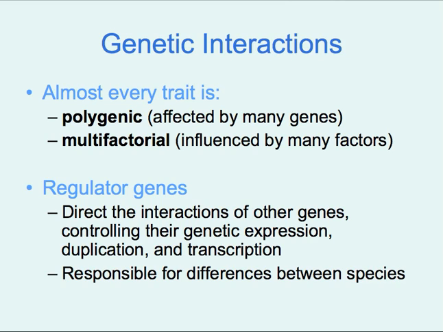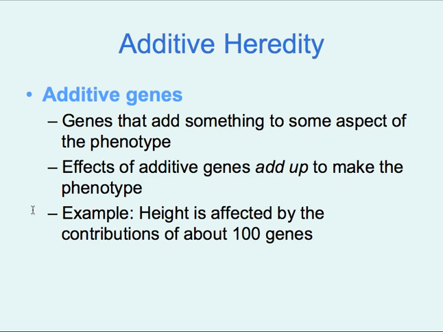We also have regulator genes. These genes direct the interactions of other genes, controlling their genetic expression, duplication, and transcription. They're responsible for differences between species. Additive genes are genes that add something to some aspect of the phenotype.